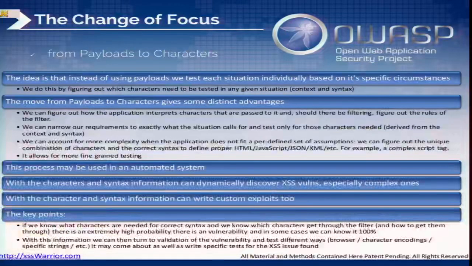We can figure out the filtering rules, and we can narrow our requirements exactly to what the situation calls for. Again, because we're dealing with unique strings that we can track, that's how it gets automated. The characters and the syntax information help us create something on the fly, essentially dynamically, especially when it comes down to more complex cases.